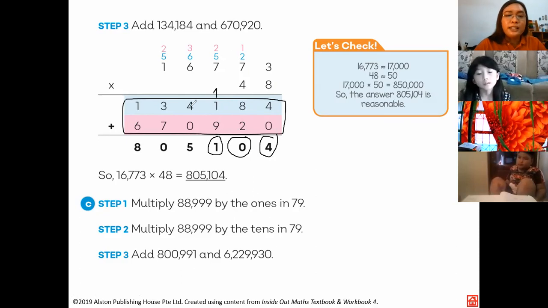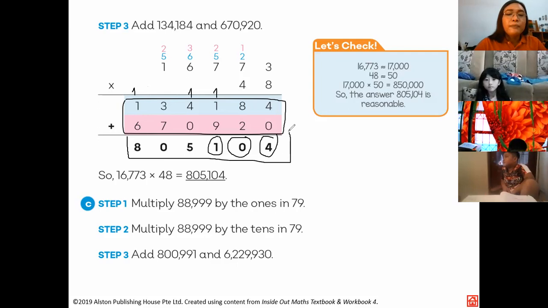So we put 1 over here and carry 1. So 4 plus 0, that's 4, plus 1, that's 5. So 7 plus 3, that's 10. So we put the 0 over here and carry 1. So 1 plus 6 is equal to 7 plus 1, that's 8. So the answer for 16,773 multiplied by 48 is 805,104. So this is the answer, the product.